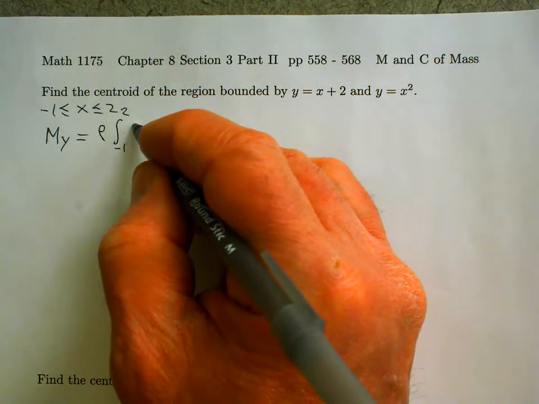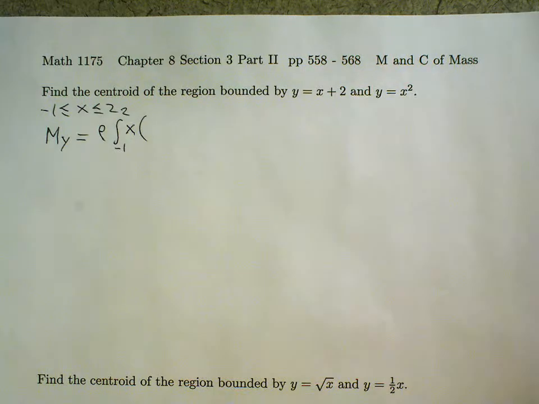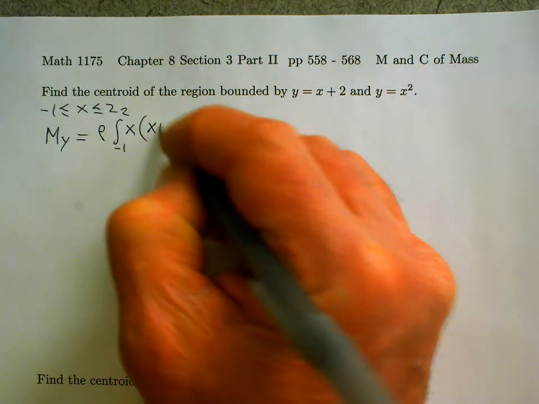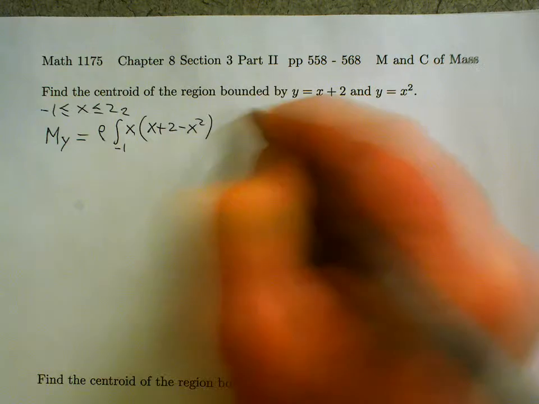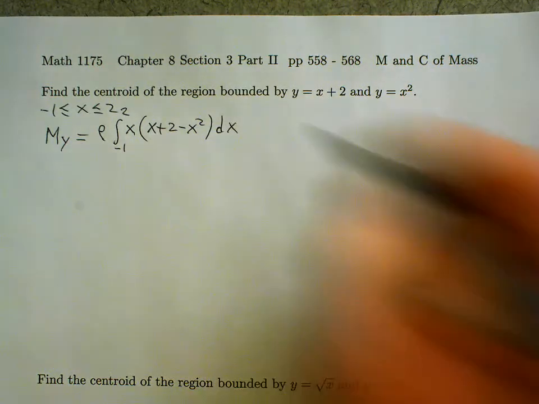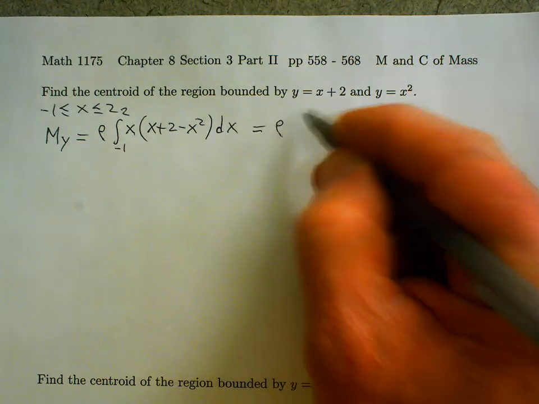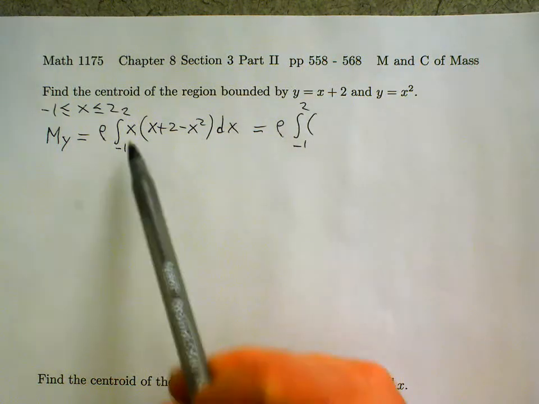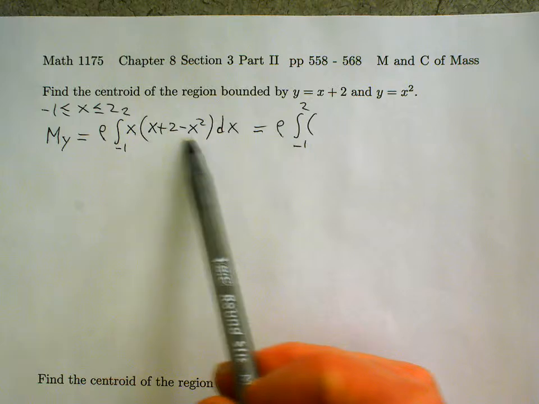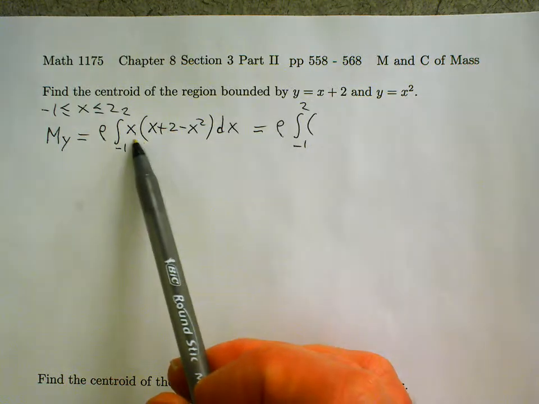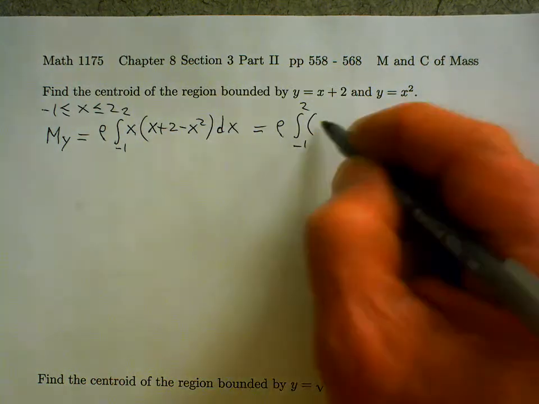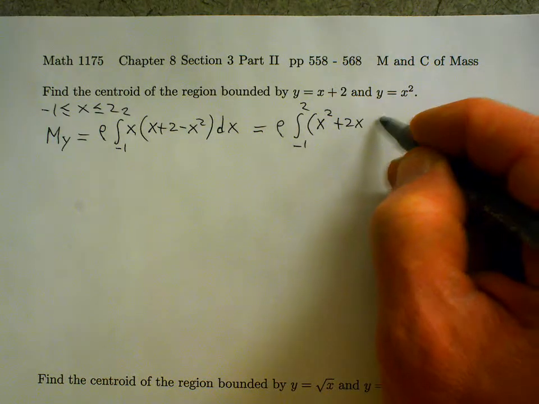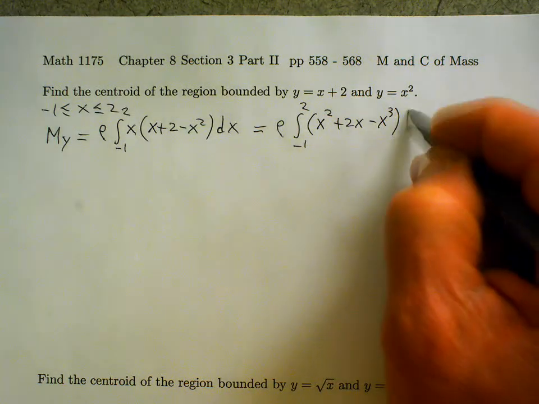The integrand is x times the difference of the two functions, so x times (x + 2 - x squared) dx. So we'll go ahead and multiply x times (x + 2 - x squared), and we'll get x squared + 2x - x to the third dx.